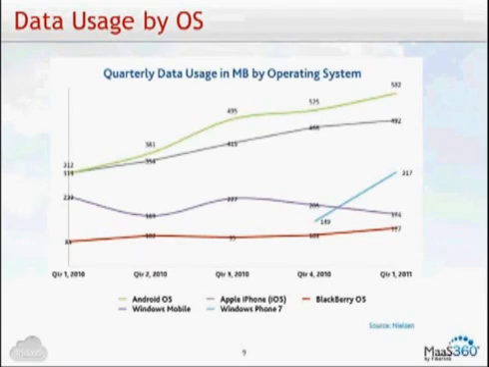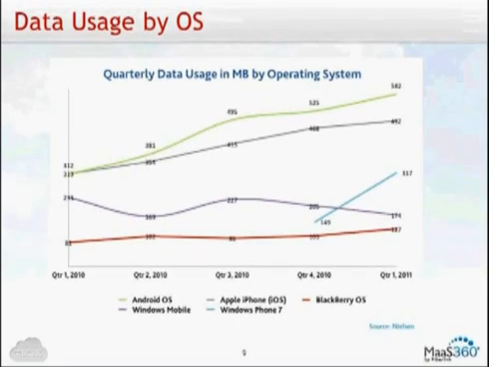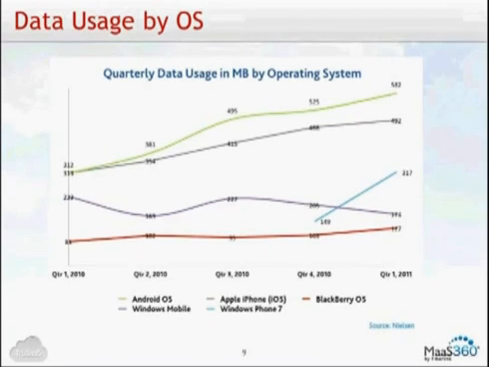We're just seeing a pretty big jump on this, and so is Nielsen seeing a pretty big jump on that usage itself. The Windows Mobile and the BlackBerry OSs are pretty much flatlining. Actually, the Windows Mobile is going down, and I think we'll continue to see that go down. And on the top two, the Android and iOS, we'll continue to see that go up, but not dramatically as much as they used to.